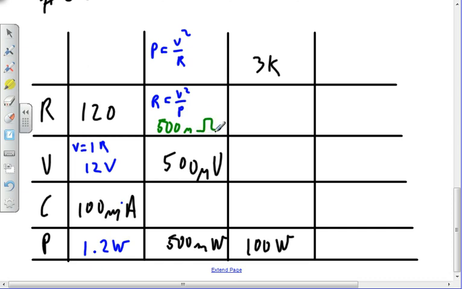Okay, now current would be voltage divided by resistance. This is going to be pretty big, isn't it? Okay, so 500 micro divided by 500 nano.